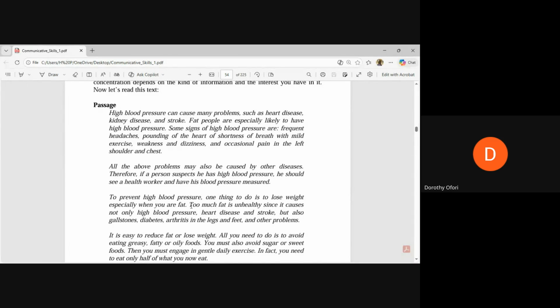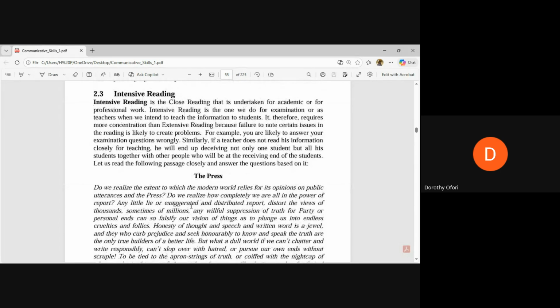But if a teacher is reading about this, you can say it is extensive because it is outside. So for intensive reading, you already know it is for academic or professional purpose. We do it for examination, or since we are teachers or someone who wants to teach, we want to get information for our students. If another day you wake up and you want to go through the teaching techniques, it is related to your professional work, so it is intensive reading.